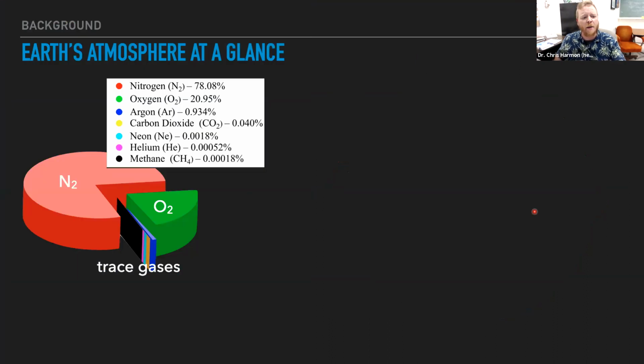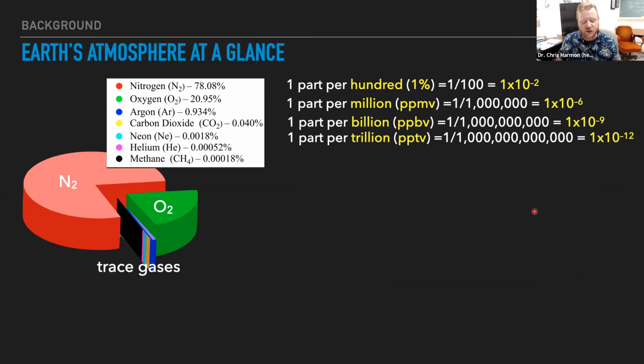If we look at our composition, the atmosphere is mostly nitrogen and oxygen, along with some trace gases. Just to give you some background so we're talking the same language, we use the volumetric mixing ratio in atmospheric chemistry. For example, 1 part per million, you might be used to that as a milligram per liter for solutions.